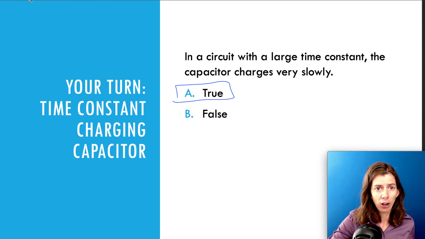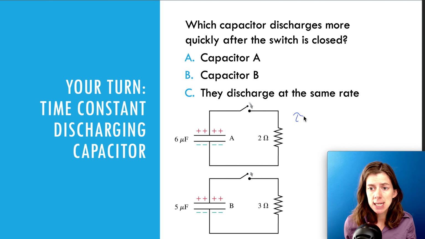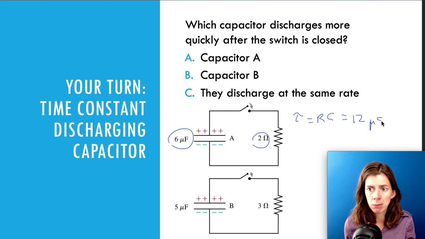Okay, let's look at the last question. Which capacitor discharges more quickly after the switch is closed? I'd like you to try this out by yourself. The first thing you need to do is calculate the time constant for each of these circuits. The time constant is equal to RC. We have R is 2 ohms and the capacitance is 6 microfarads. So 2 times 6 equals 12 microseconds. Remember, the time constant is an amount of time, so it's in seconds.